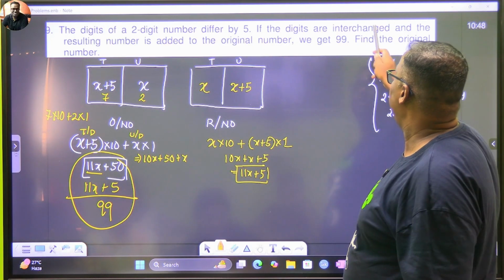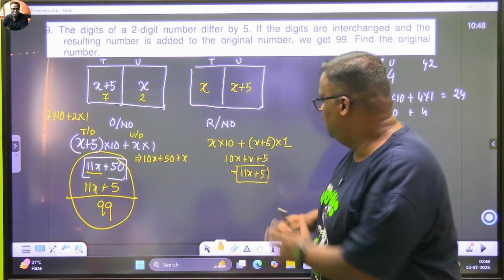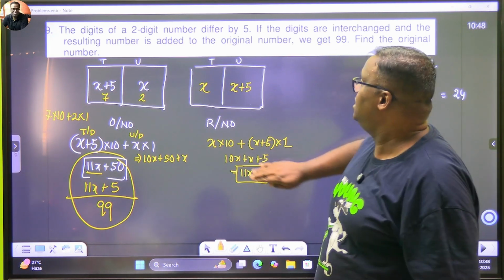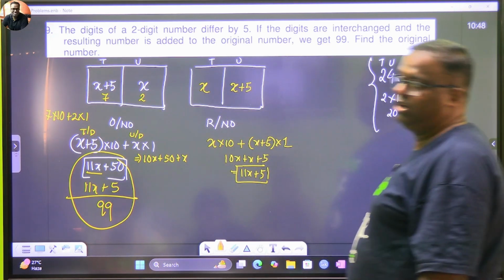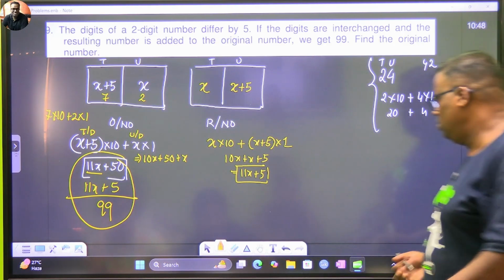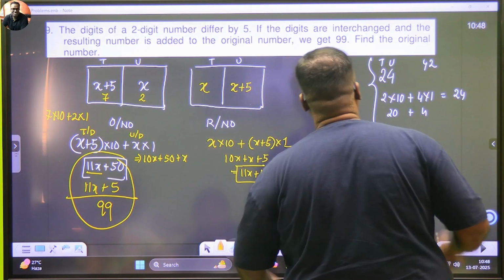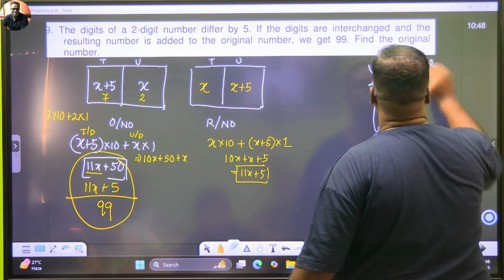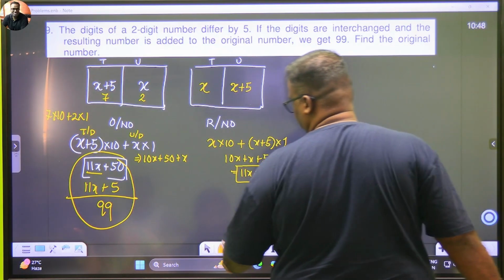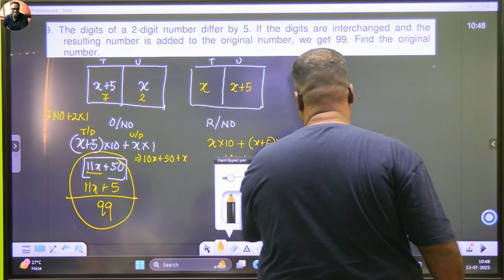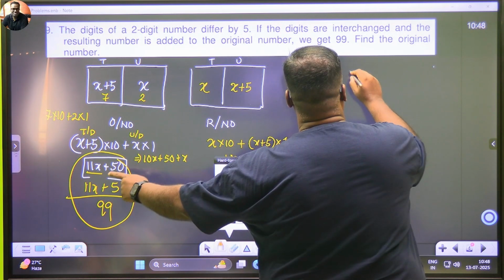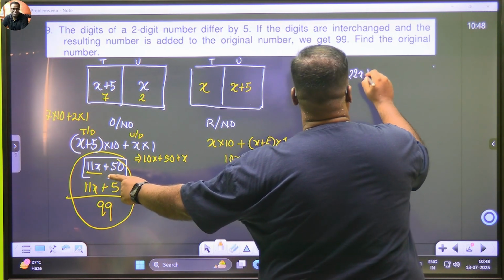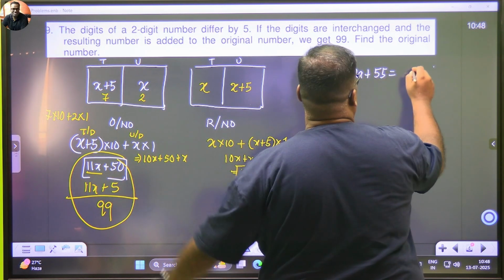If the digits are interchanged and the resulting number is added to the original number, you should get how much? 99. So we are now in a position to quickly solve this equation. Let's see what answer we get. 11x plus 11x will give me 22x, plus 55, will give me how much? 99.